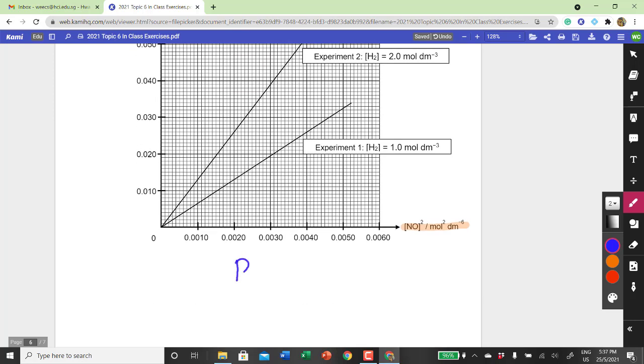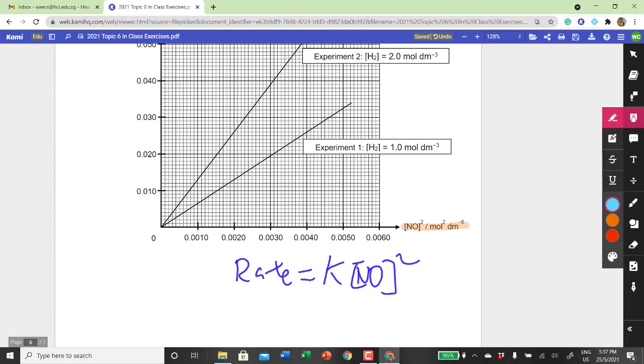In this case, rate equals k[NO]^2, and you're plotting rate against NO squared and you get a straight line that passes through the origin. So it's very clear that the order of reaction with respect to NO is 2.